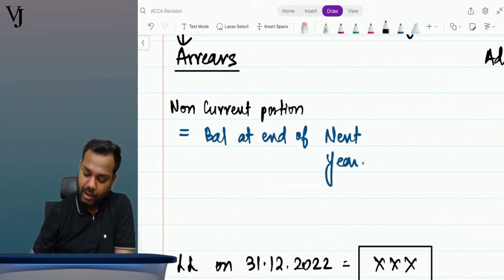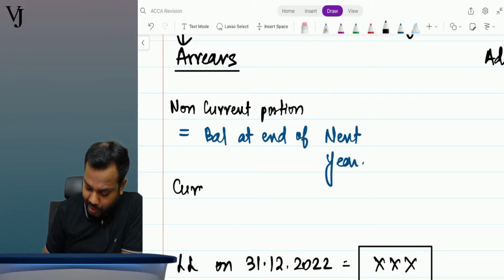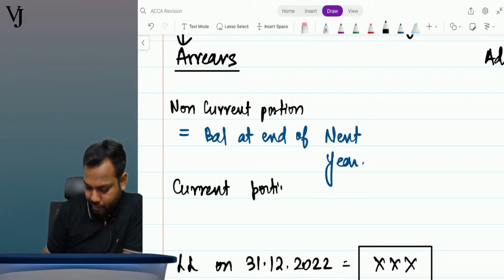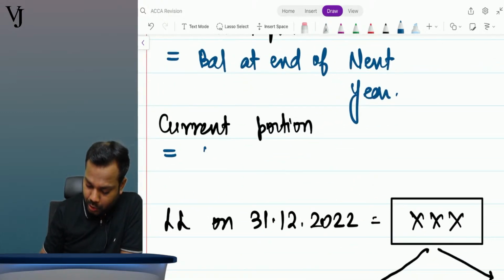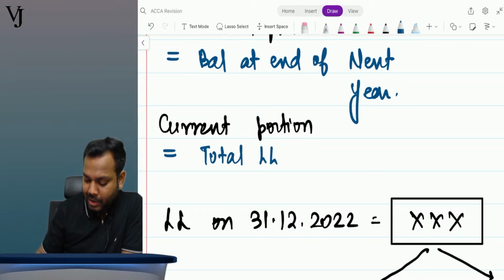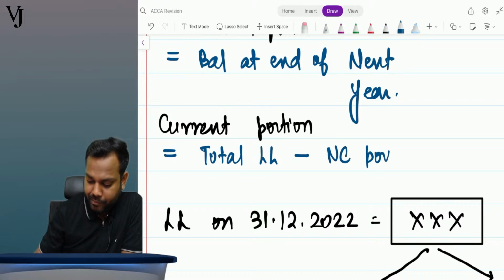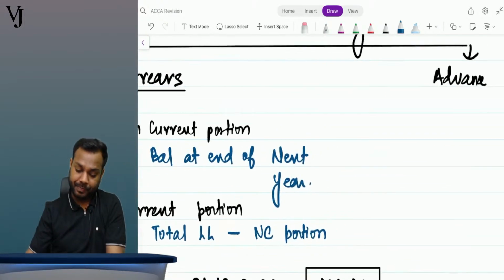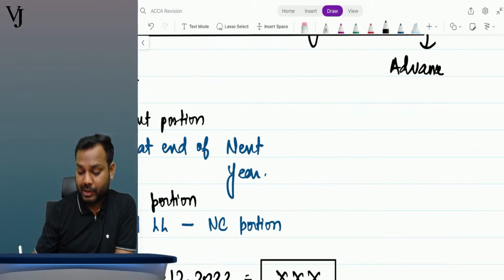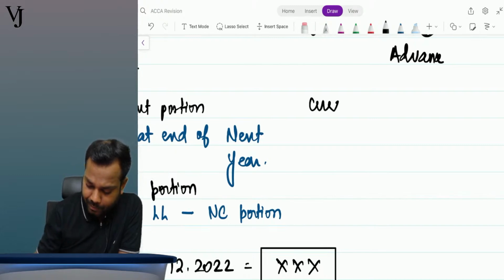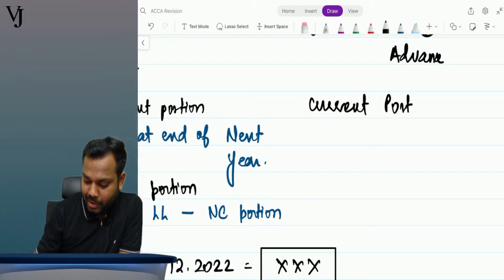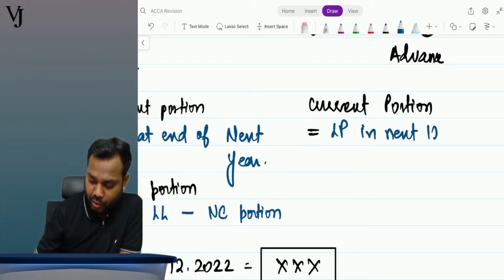Let me write here what is the current portion. The current portion will be equal to the total lease liability minus the non-current portion. Right, now if the lease payments are made in advance, then in that case the current portion of the lease liability is equal to the lease payments in the next 12 months.